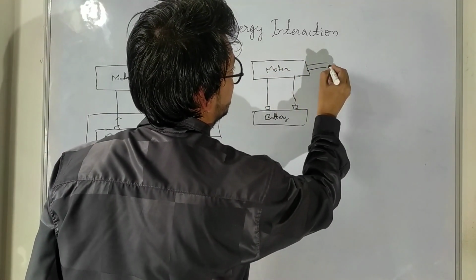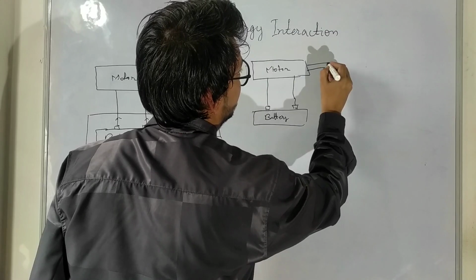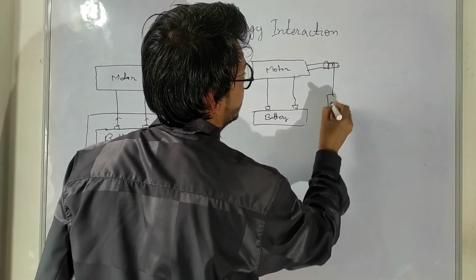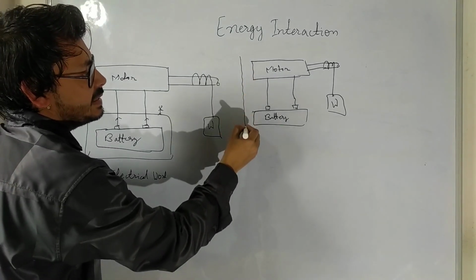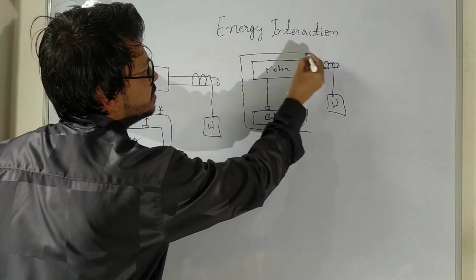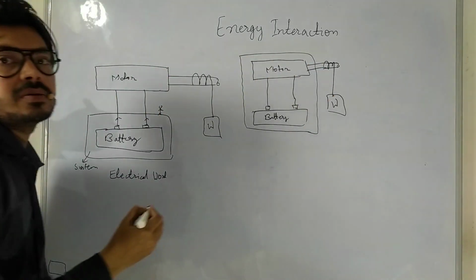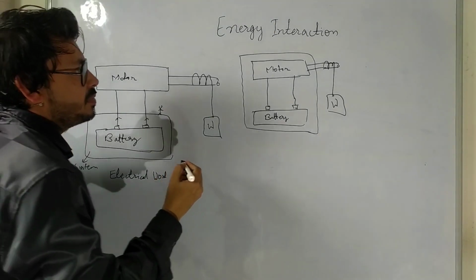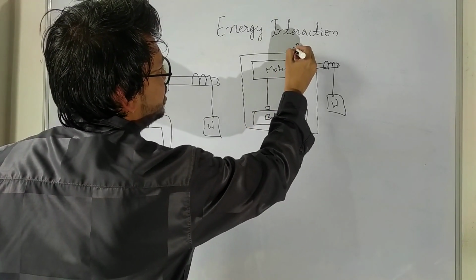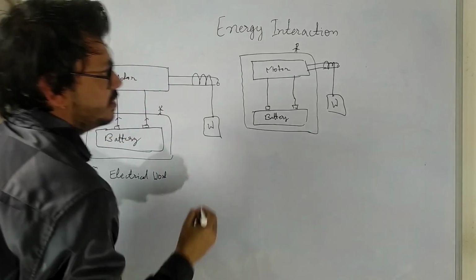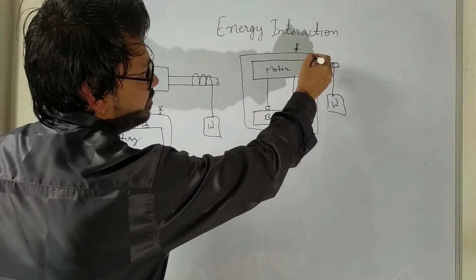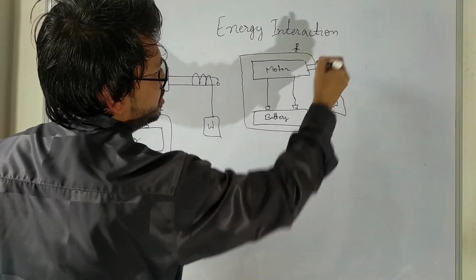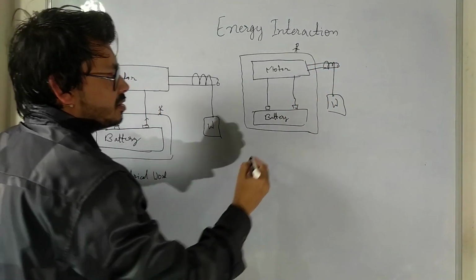This is the shaft of the motor and to its end a weight is hanged. Now if we consider this as our system and make somebody sit here, then what will he see? Now this is the boundary of the system. Now he will see the rotation of the shaft. So here it is shaft work.